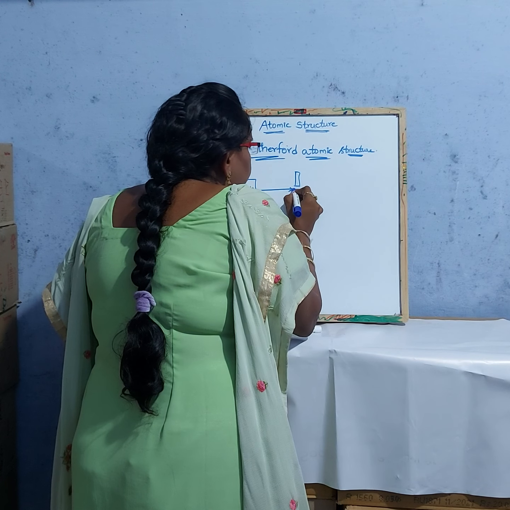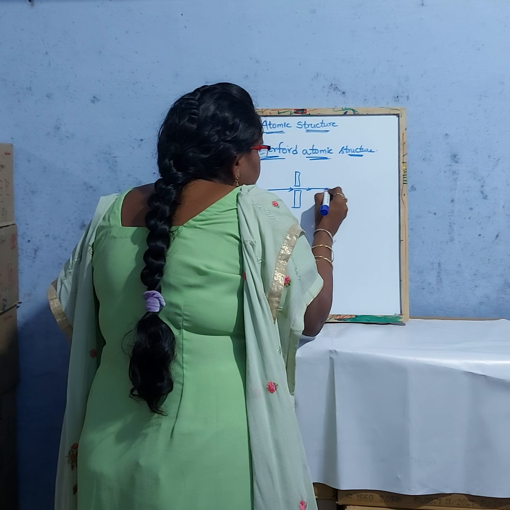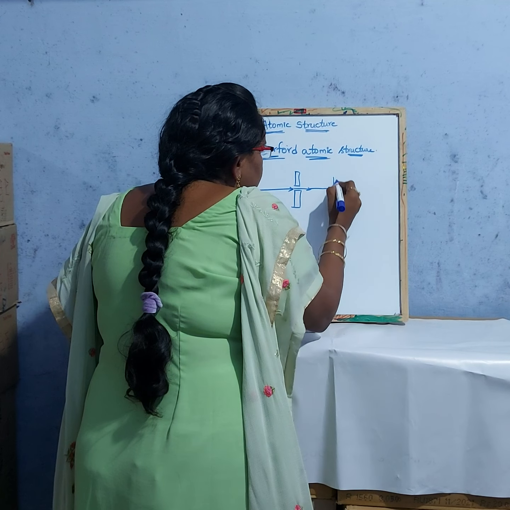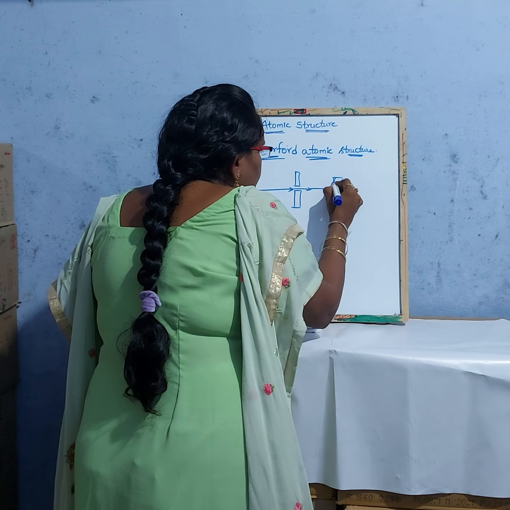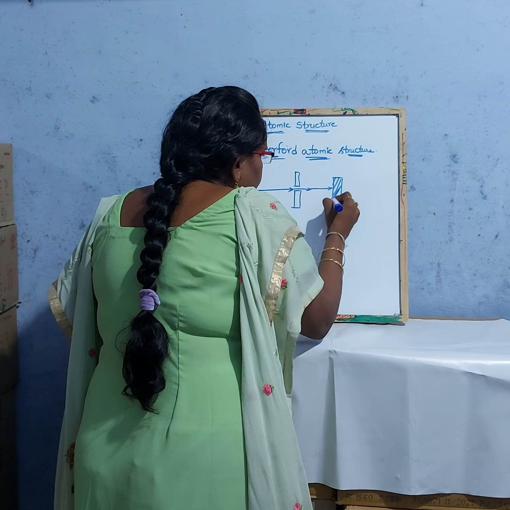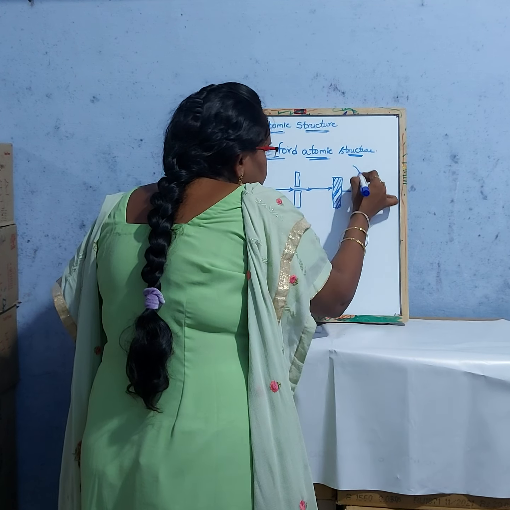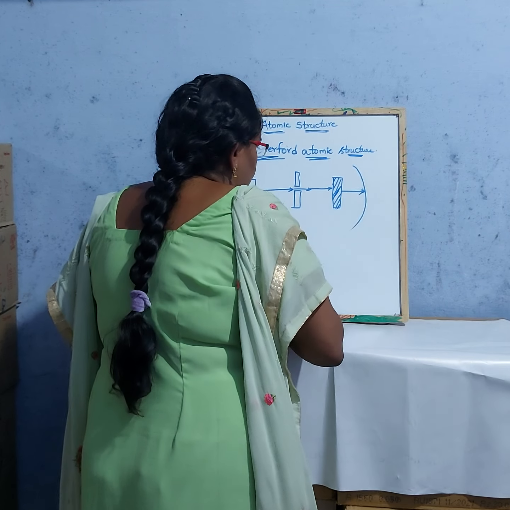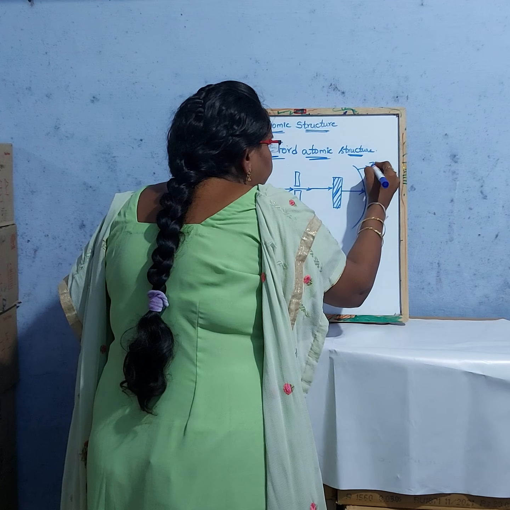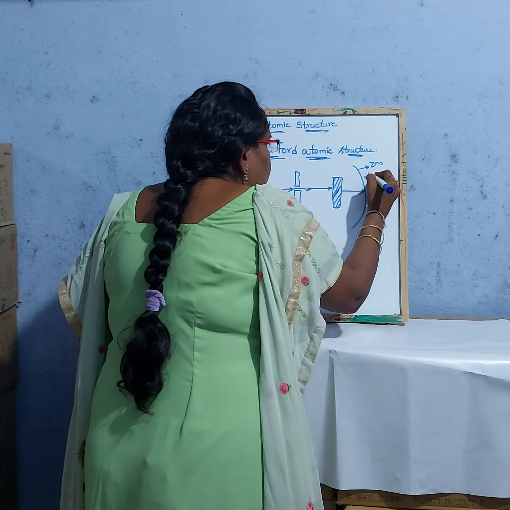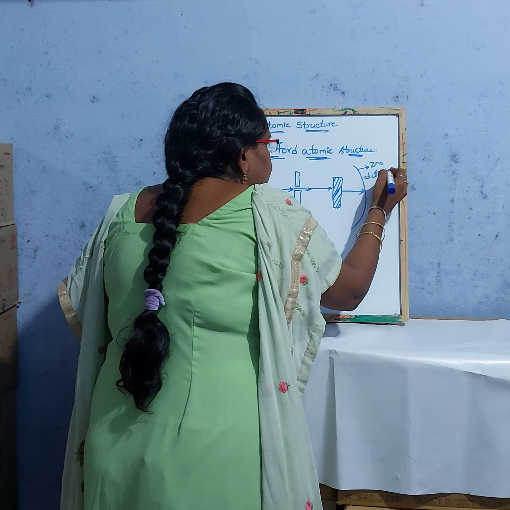It is then made to fall on a gold foil, and then they are deflected. This is the zinc sulfide detector.